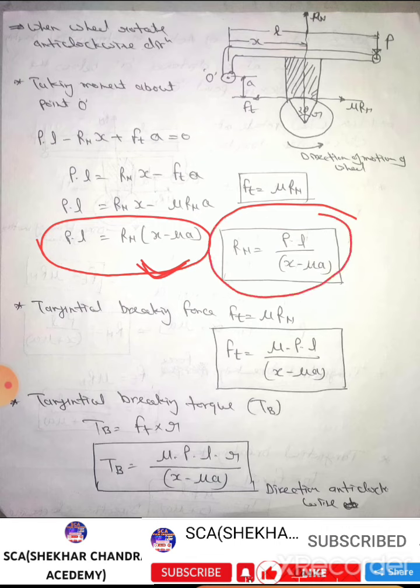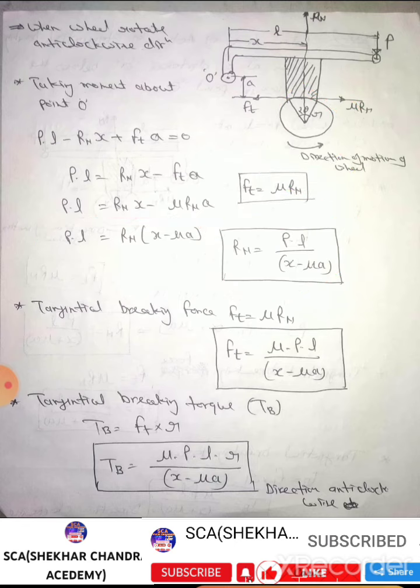In the previous case, when the wheel rotates in clockwise direction, the value of Rn is different from here. The value of Rn when the wheel rotates in clockwise direction is PL upon X plus mu A. Now, tangential braking force Ft is equal to mu Rn.